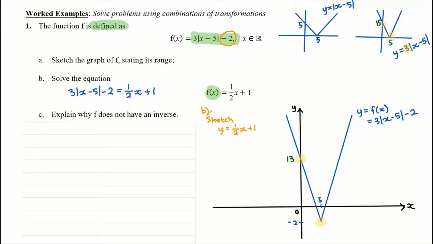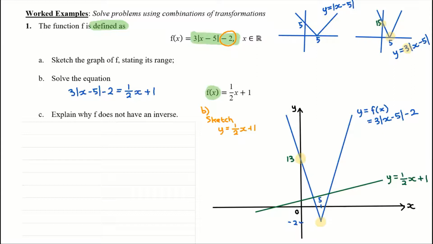So I'm going to add that onto my diagram, and we can just do it like so. It's going to go something like this. Okay, maybe slightly exaggerated, but that's all right. So this is going to be y is equal to 1/2 x plus 1.